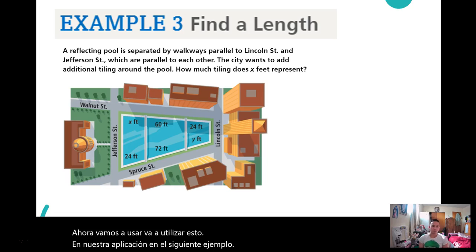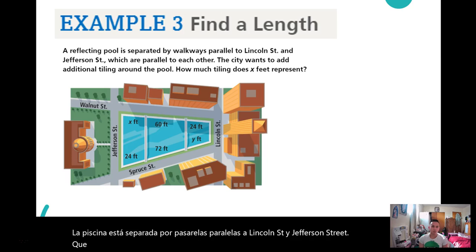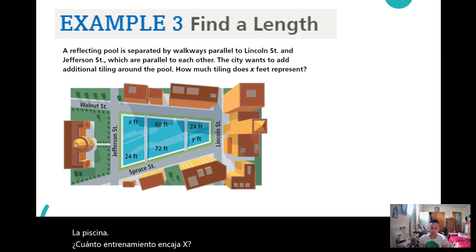A reflecting pool is separated by walkways parallel to Lincoln Street and Jefferson Street, which are parallel to each other. The city wants to add additional tiling around the pool. How much tiling does x feet represent?